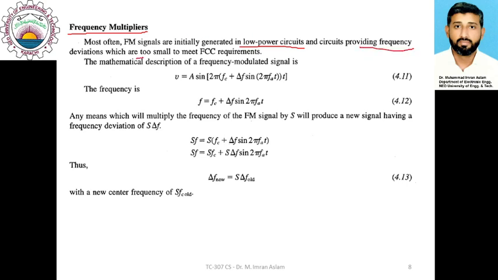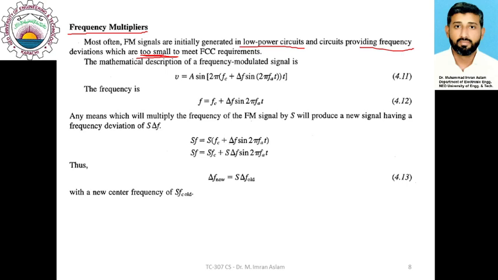The frequency deviation generated by low level FM circuits is not large enough. The transmission requires a significantly large amount of frequency deviation. For example, if you consider the audio transmission for FM broadcast, the FCC has set the limit of frequency deviation to be 75 kilohertz.